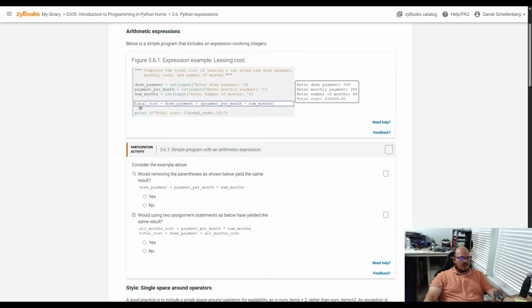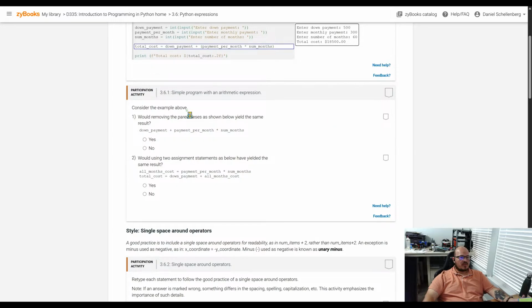And then it will print total cost, with 2 digits after the decimal. So like right here, the down payment is 500, the monthly payment is 300, and the number of months is 60. So the total cost would be 18,500. And this right here, 2F, puts 2 digits past the decimal.